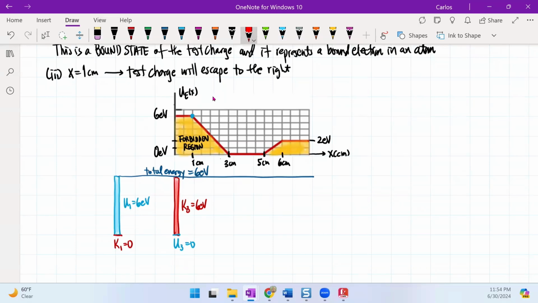And if I come all the way to the point at 6 centimeters, look at the potential. It's up 2 volts. So if I look at here, this would be the potential at 6, but this guy is 2 electron volts.